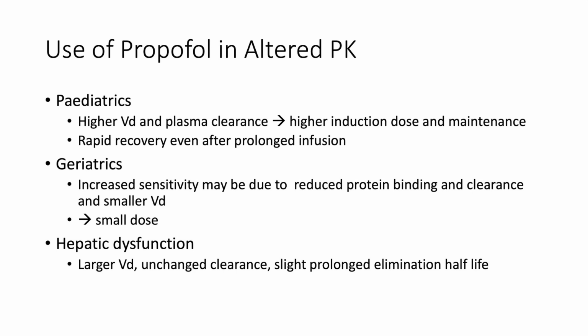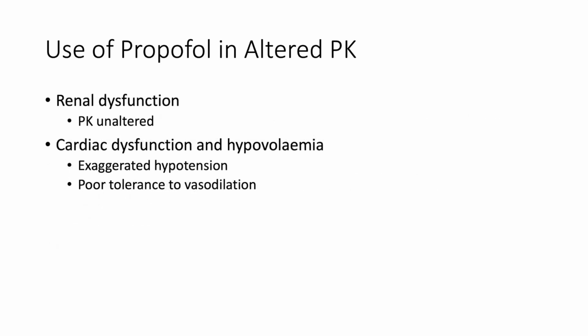In hepatic dysfunction, they have a large VD but unchanged clearance, so a slightly prolonged initial half-life; give a reduced infusion dose. In renal dysfunction, PK is unaltered. In cardiac dysfunction, of course, you will give it very slowly. Sometimes you just have to use common sense, because if you don't read, the brain doesn't know.